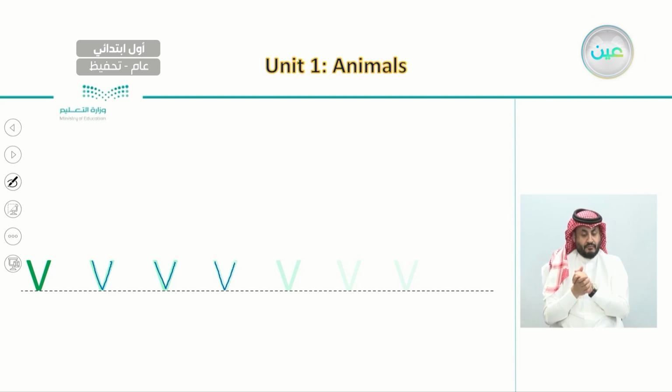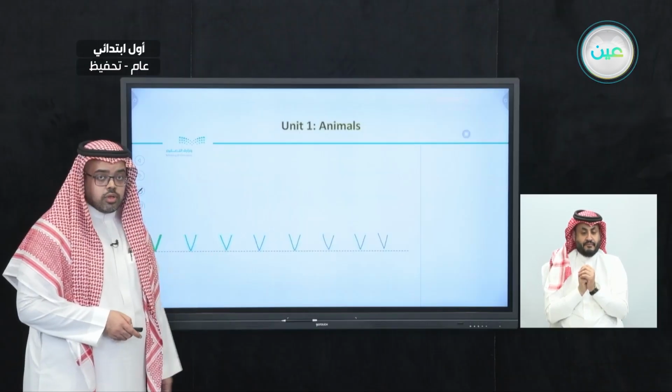So when we finish tracing, we can write it on our own. So here we have the last tracing we're going to do in today's lesson. We did trace the letter, and also we did copy it and write it as well.